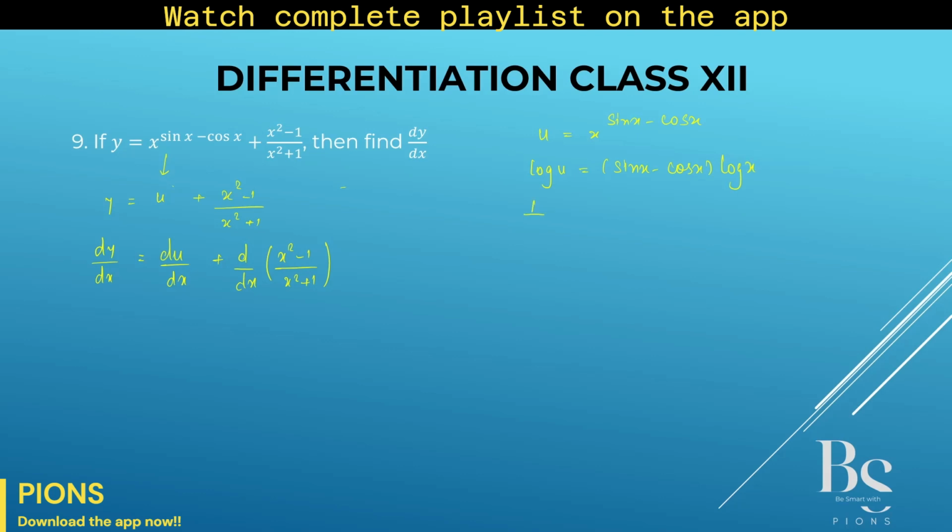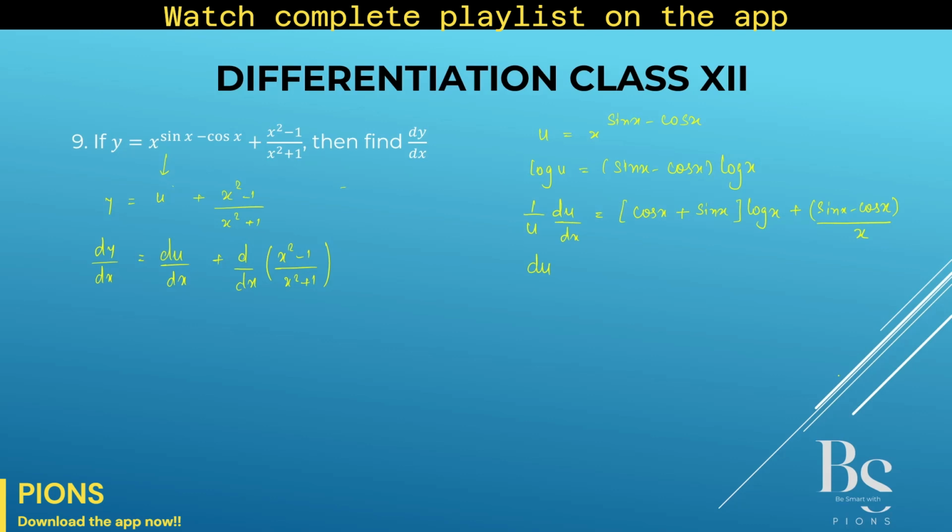Let's differentiate it. 1 by u du by dx will be equal to the differentiation of sin x minus cos x: cos x, and cos x's derivative, minus minus, plus sin x. Let me repeat again. Differentiation of cos x is minus sin x. That's why it became plus sin x, times log x as it is, plus sin x minus cos x, and the derivative of log x is 1 upon x.